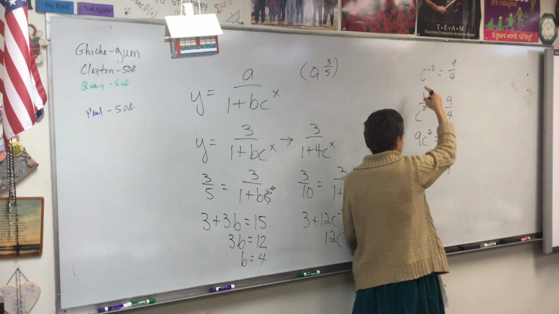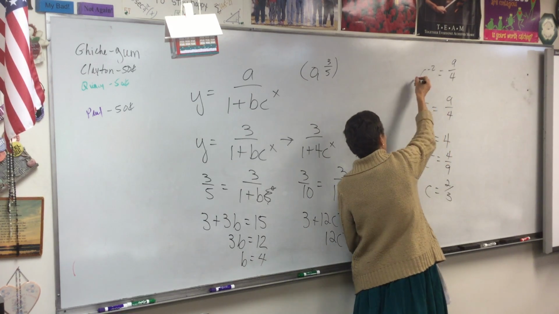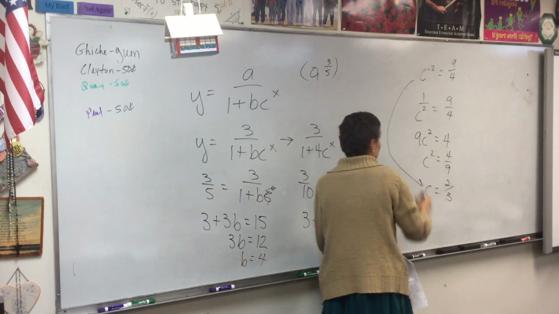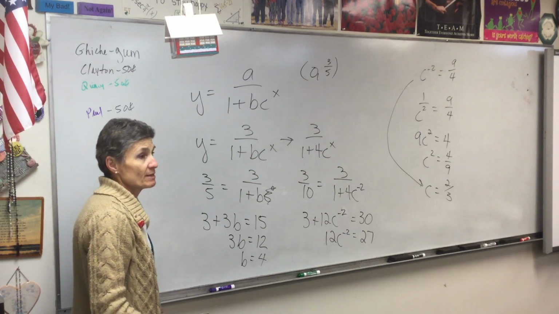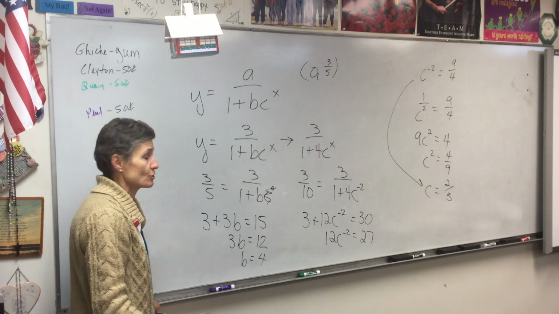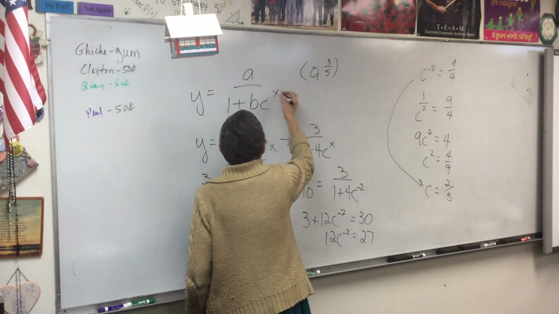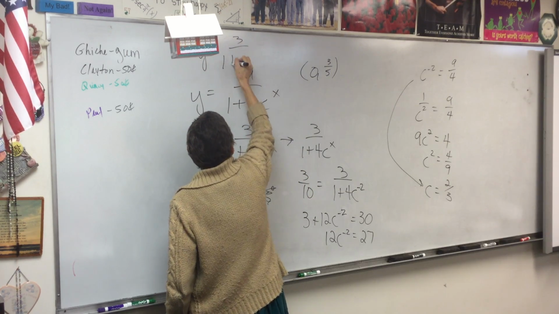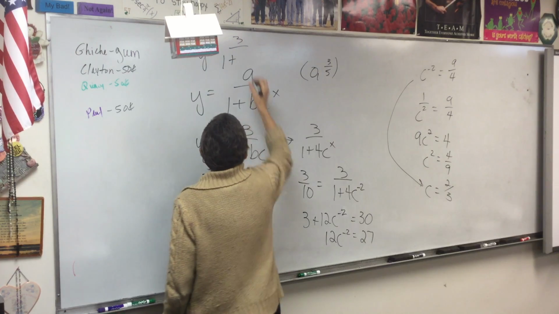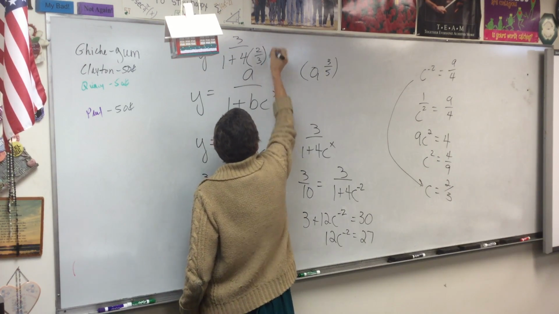So here are all the steps that you would go through. But if you can go from here to here, that is absolutely fine. C is going to be the square root of 4/9, which is 2/3. So my final answer is y equals 3 over 1 plus 4 times (2/3) to the x.